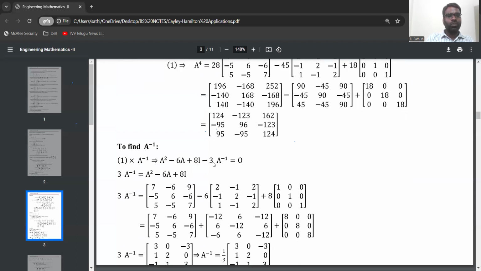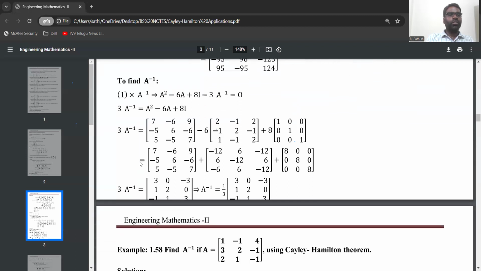Again, just pushing this value to the right side, we will get 3A inverse is equals to A square minus 6A plus 8I. So here in place of A, we are getting I, since we know that A into A inverse equals to I. So we'll get I here.